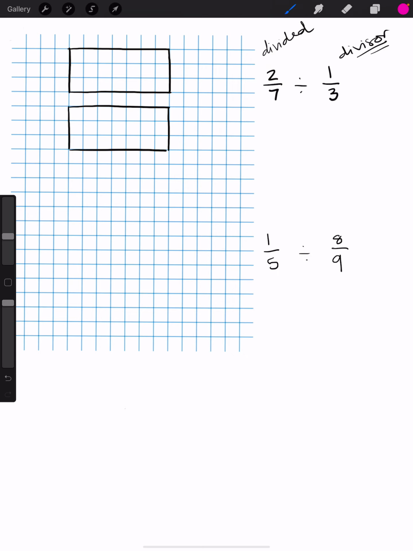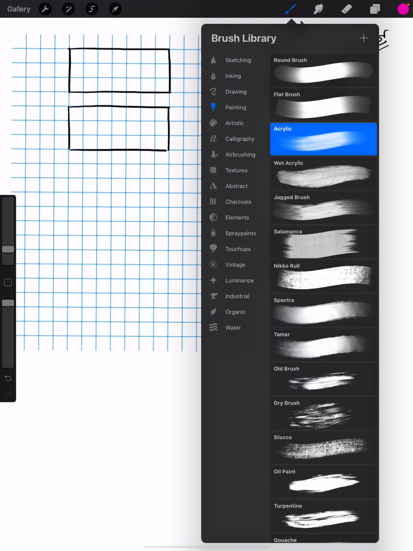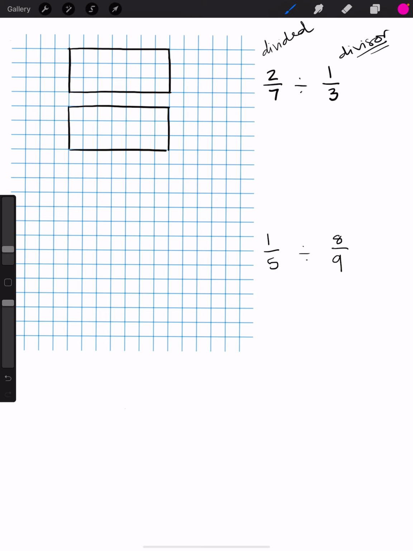All right, so if I want to be representing my 2/7, I know that I can color in 2 columns. And I know that I can color in 2 columns because I have 7 columns in total.